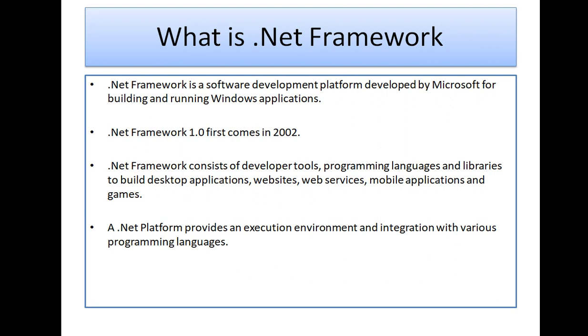One of them is Visual Studio, for developing desktop applications, web applications, or mobile applications. You can install Visual Studio on your machine, and then you can start developing applications. So these are the developer tools, and then programming languages.